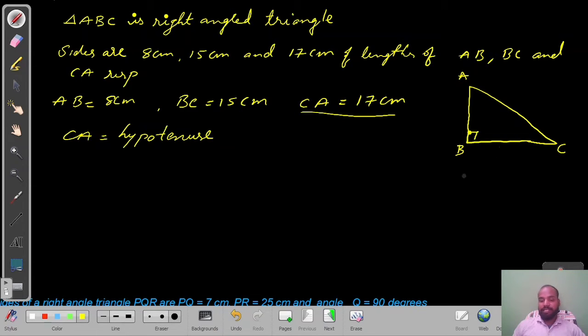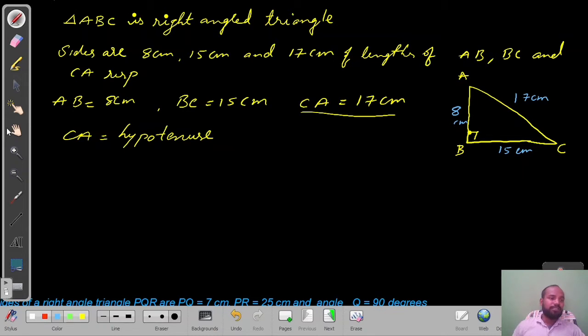AB is 8 centimeters. BC is 15 centimeters. CA is 17 centimeters. These all are in centimeters; I am not writing it here, but you have to write centimeters.